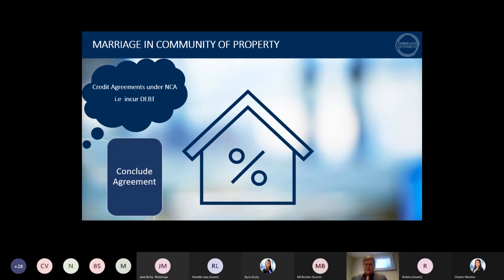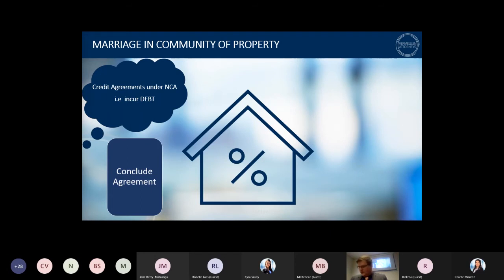Home loans, vehicle finance, credit cards, store cards, very importantly, personal loans, etc., etc. The list can go on and on and on. You cannot conclude any credit agreement as set out in the National Credit Act without your spouse's written consent.